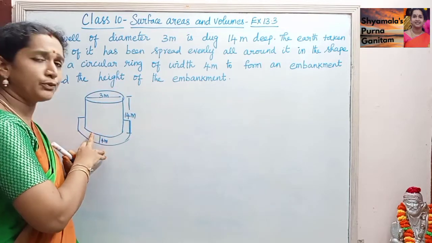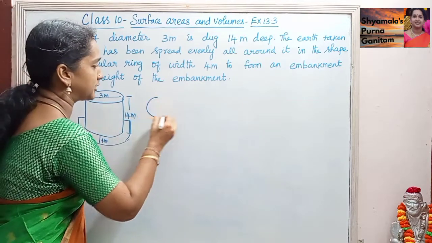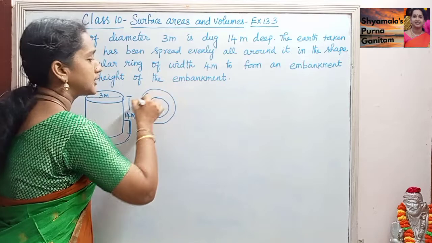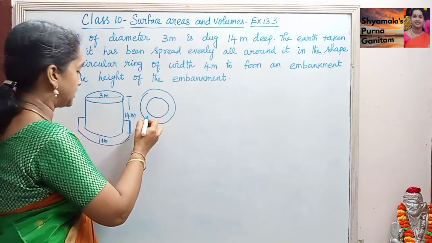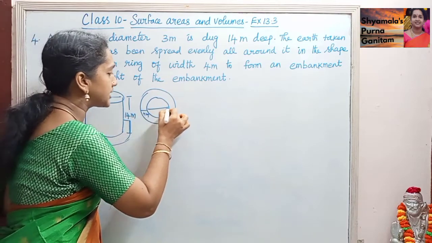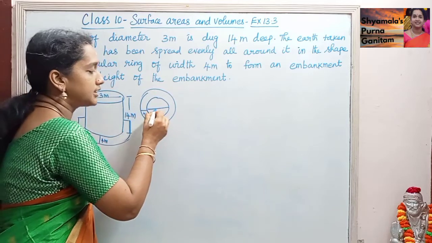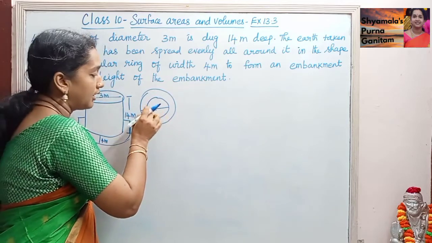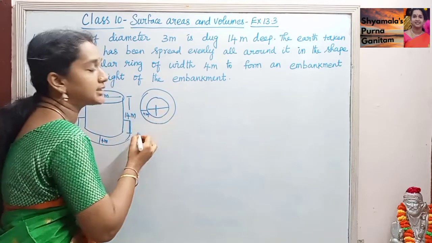Then this embankment is also a circular ring, like this. Both the volumes are equal. Here this measurement is given as 4 meter, and this diameter is given as 3 meter, so the radius is 3 by 2.